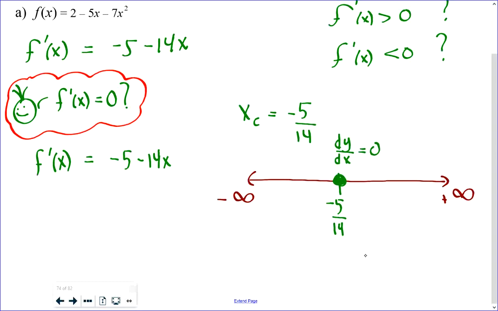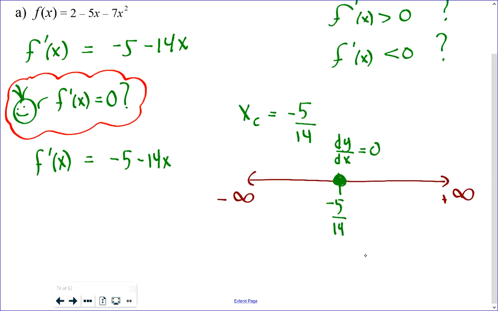If x equals negative 5/14 is the only place from negative infinity to infinity where the derivative is equal to 0, and the function exists everywhere, that means the function to the left of this must be positive everywhere or negative everywhere. And to the right, it must be positive everywhere to the right or negative everywhere to the right.